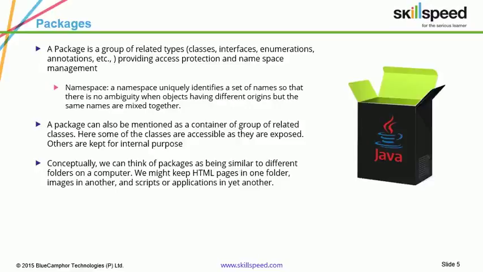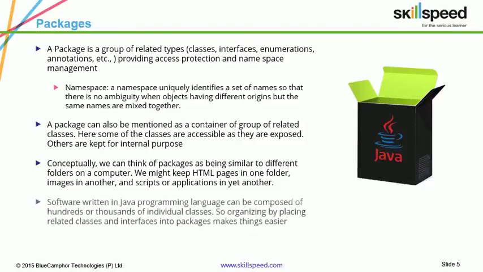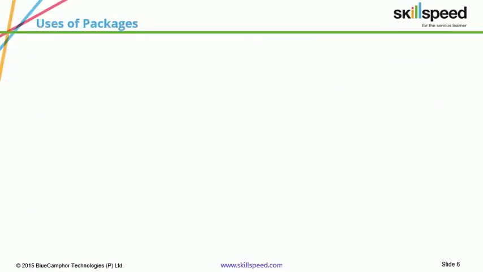We might keep the HTML pages in one folder, images in another folder, and scripts or applications in another folder. Software written in the Java programming language can be composed of hundreds or even thousands of individual classes. So organizing them by placing related classes and interfaces into a specific package will make things easier for us.